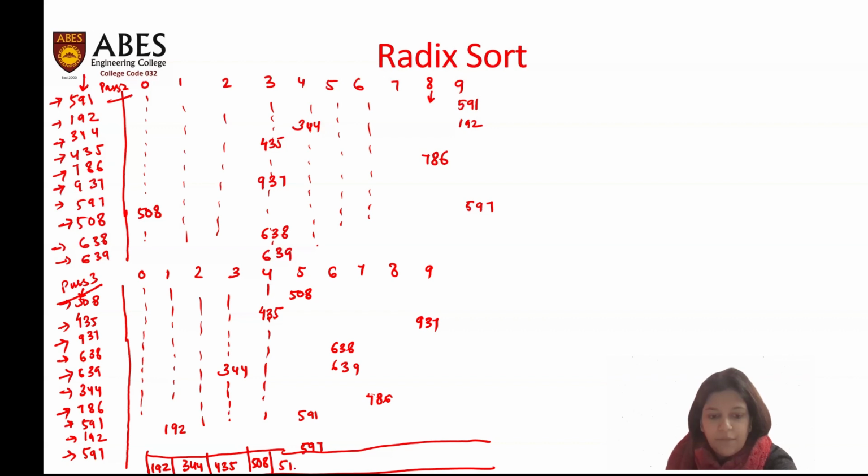Then we have 591, 597, 638, 639, 786, and 937. Right? So these are the numbers we have got. We have sorted these numbers successfully with the help of Radix sort.